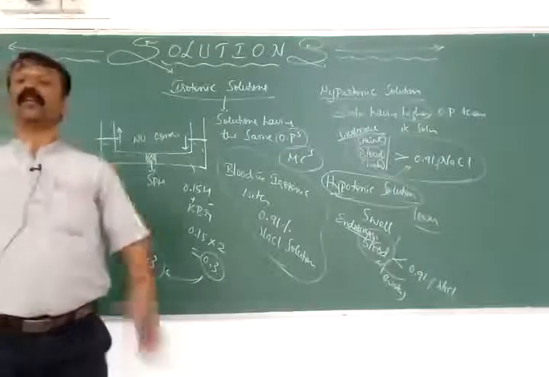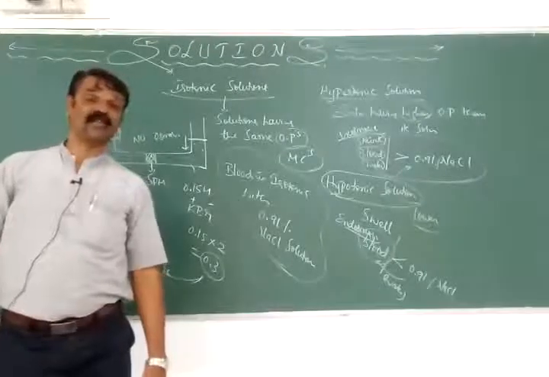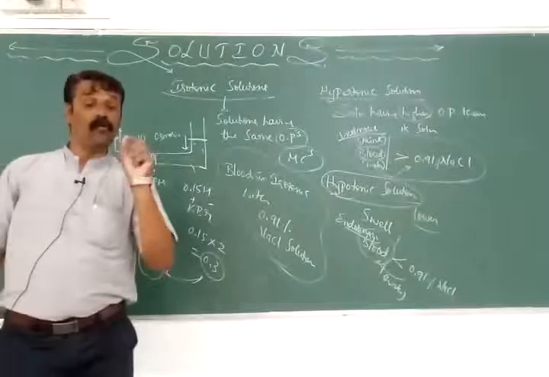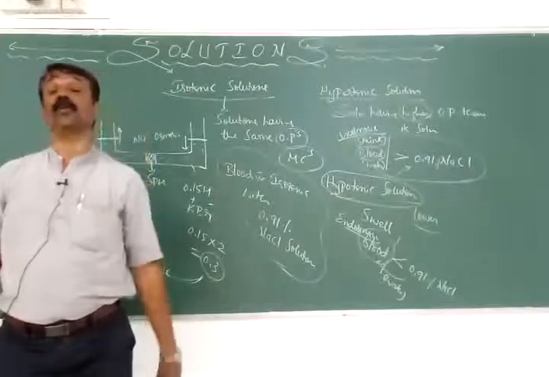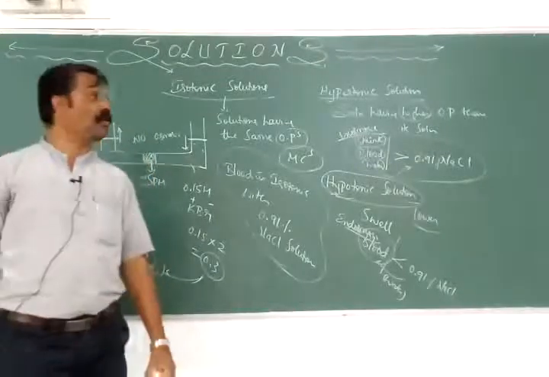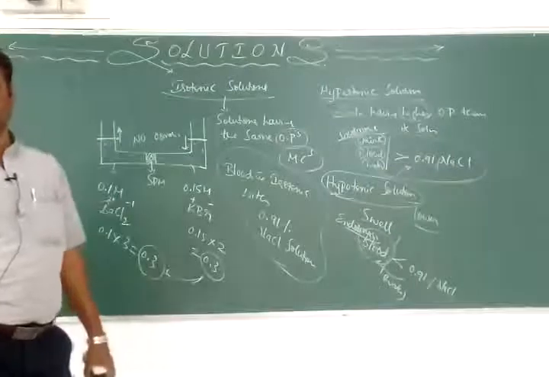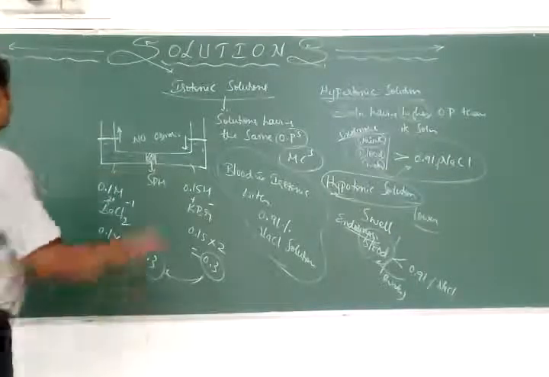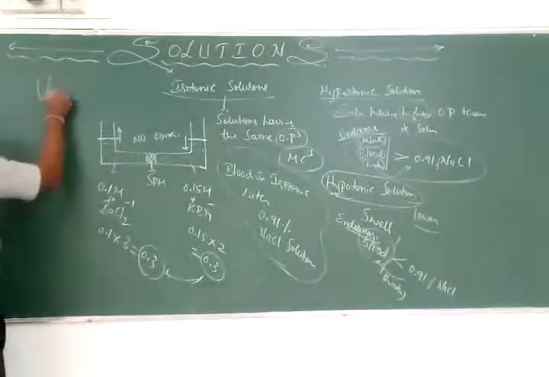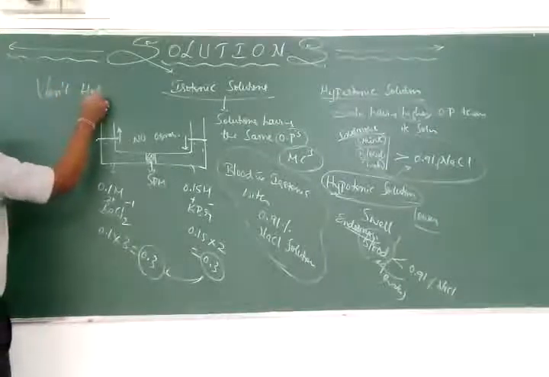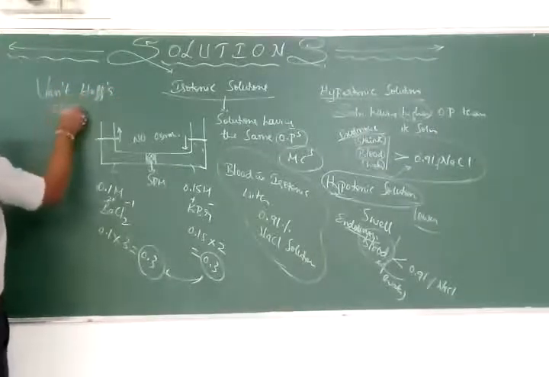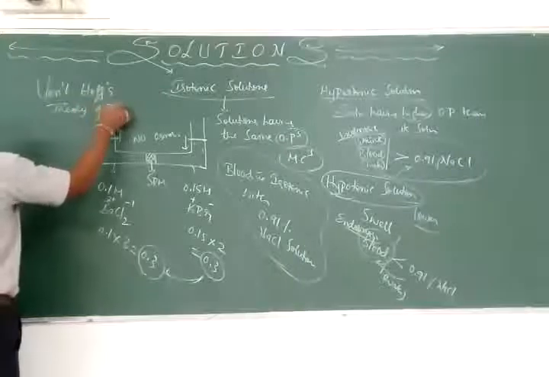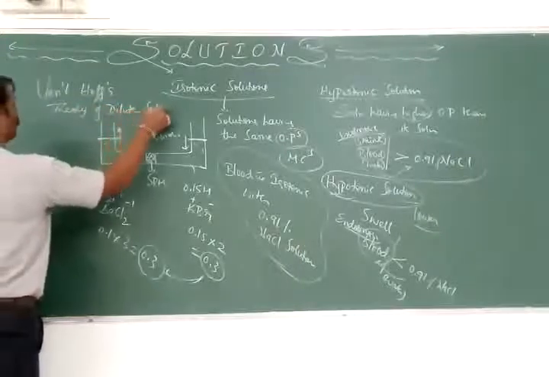Next, in the last session, how do we prove that osmotic pressure is an example of a colligative property? It is by a theory called Van 't Hoff's theory of dilute solutions.